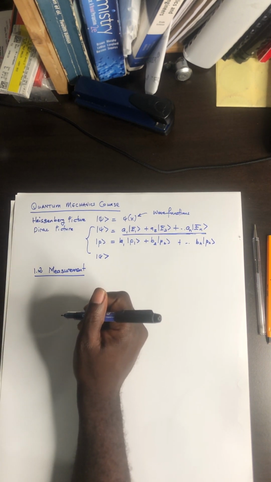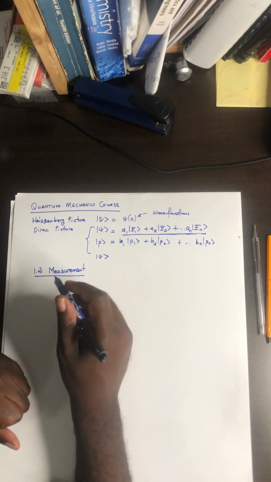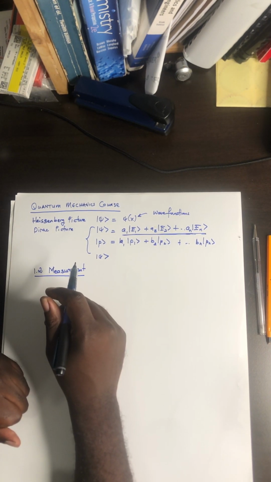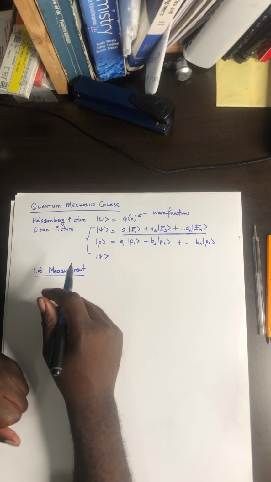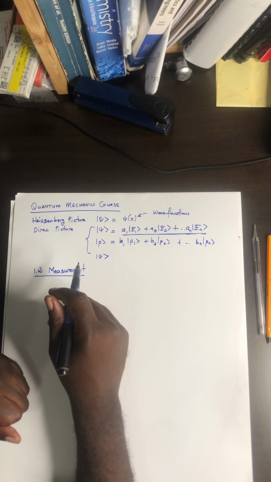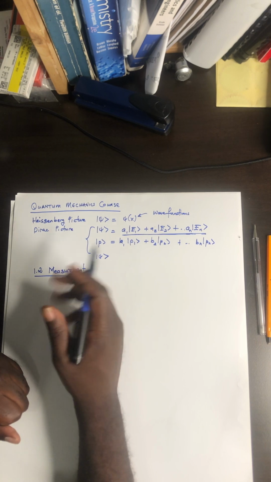Now, whenever we are dealing with classical mechanics, it assumes that if we decide to measure the position of a particle at any particular time, we are certain to measure a particular value of the position.